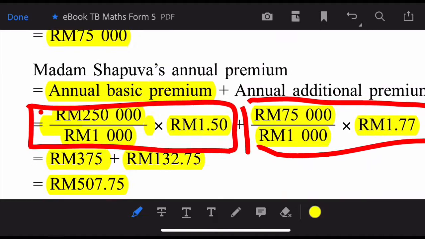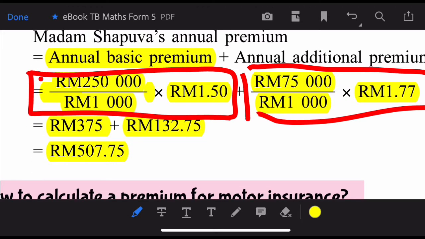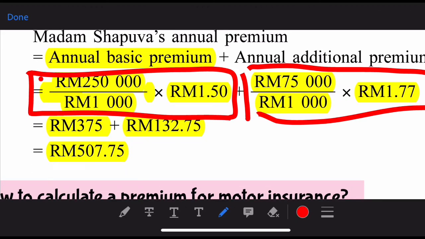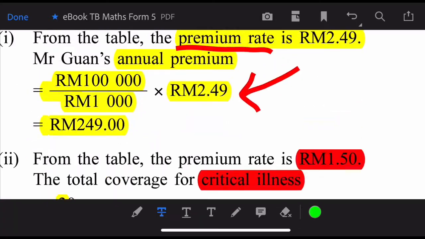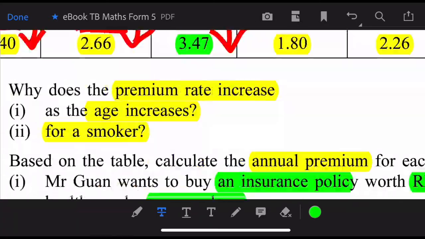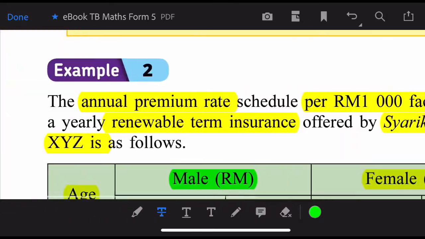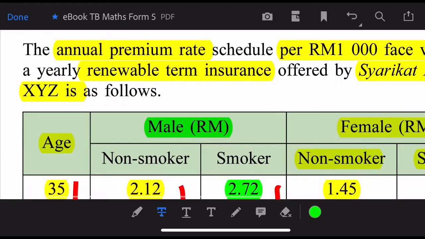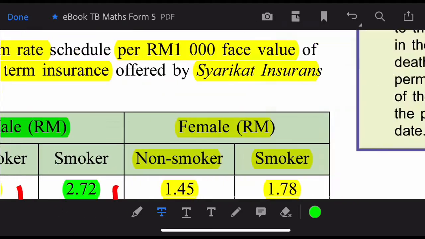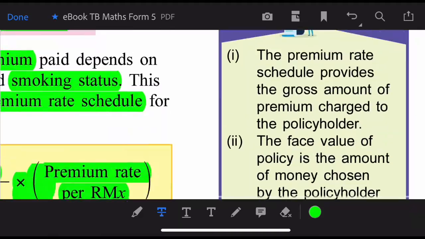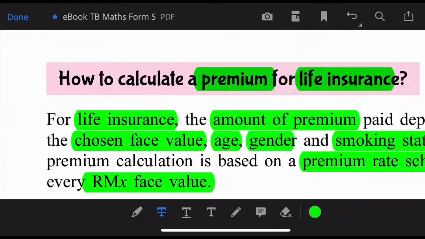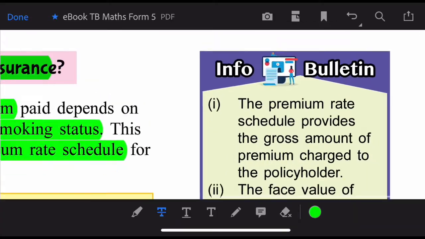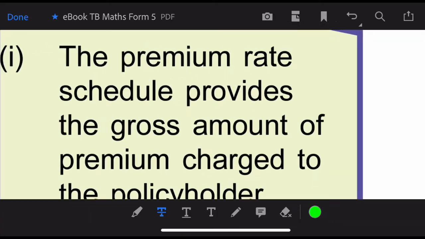Then you add the two, and you get the answer, which is 507.75. All right, that's all my sharing on how to study the annual premium rate in the schedule and how to calculate the annual premium for insurance.